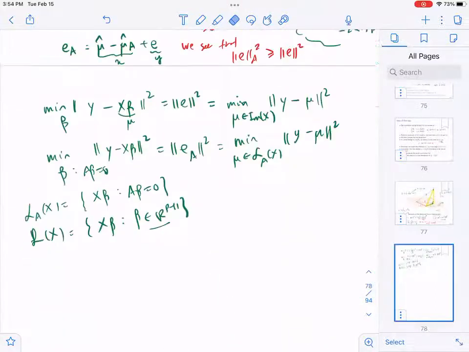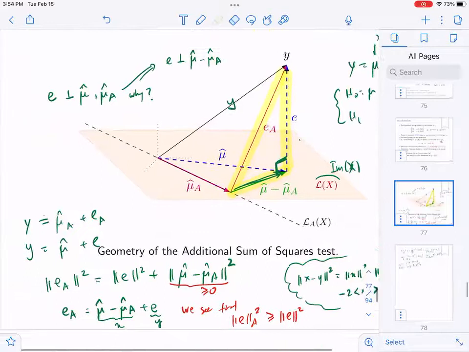We already have one, which is going to be the useful one for us, the right angle here. There's another one. Mu hat and E, A.